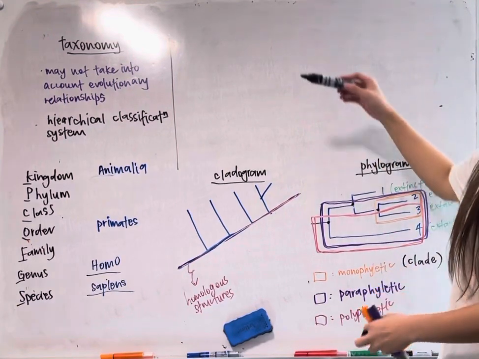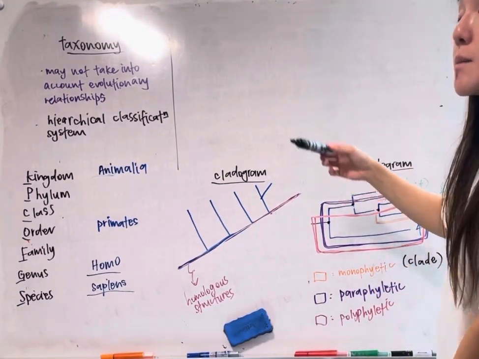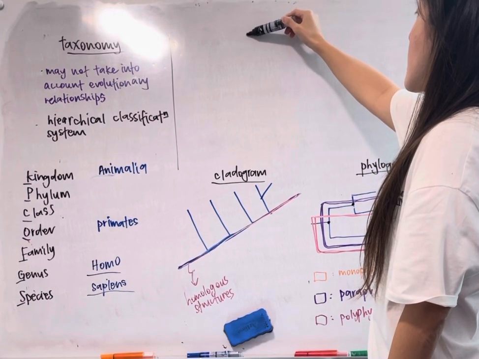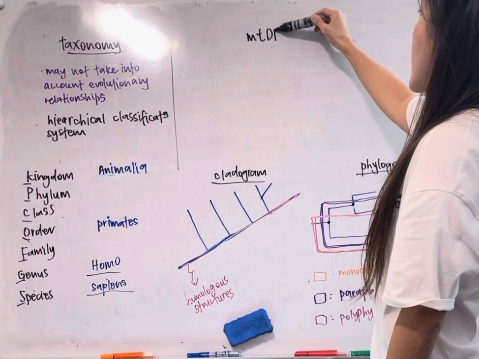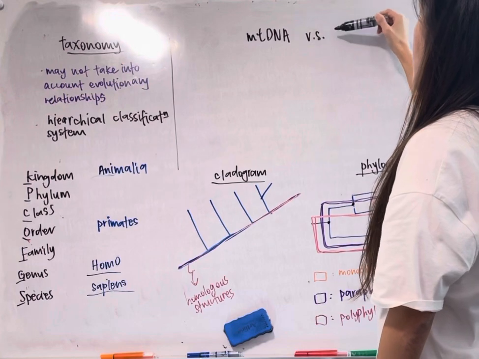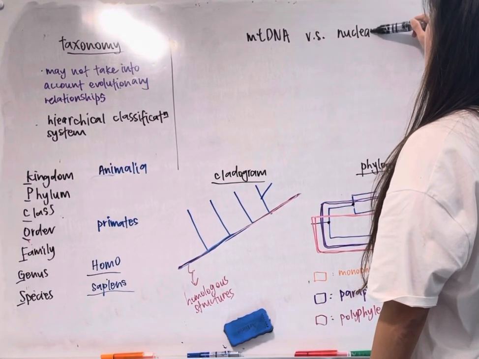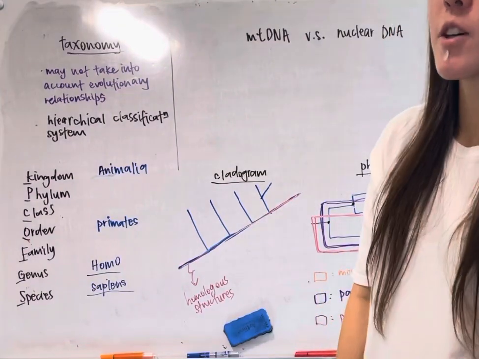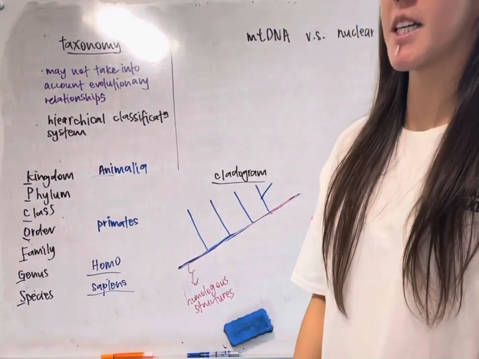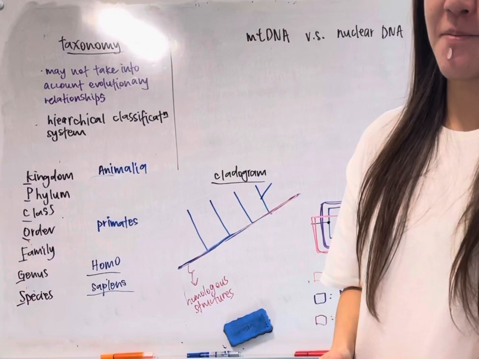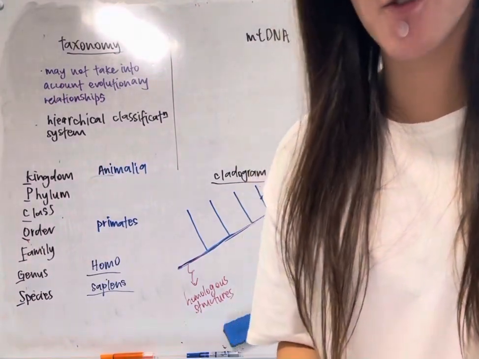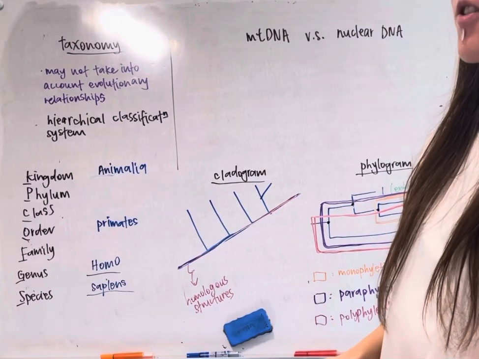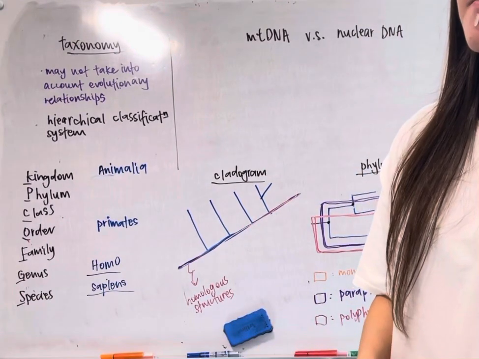So when we compare DNA, we always have nuclear and mitochondrial DNA. The question is, if I want to compare between mitochondrial DNA versus nuclear DNA, which one is actually more advantageous or more useful for evolutionary studies, Megan? Mitochondrial DNA or nuclear DNA?